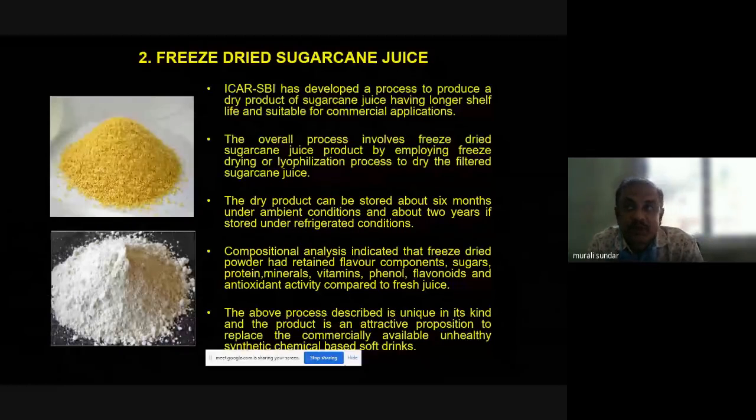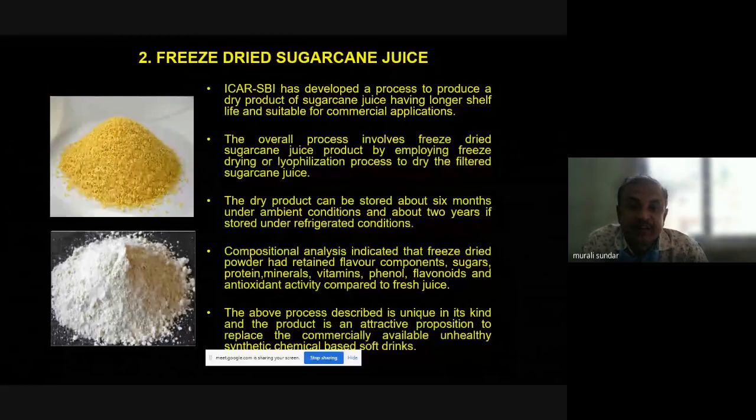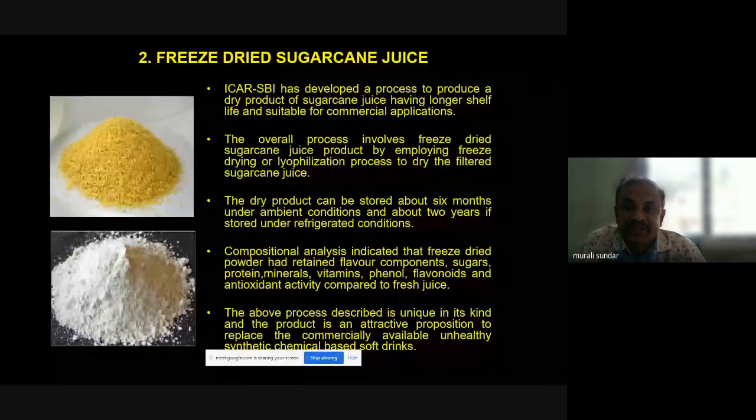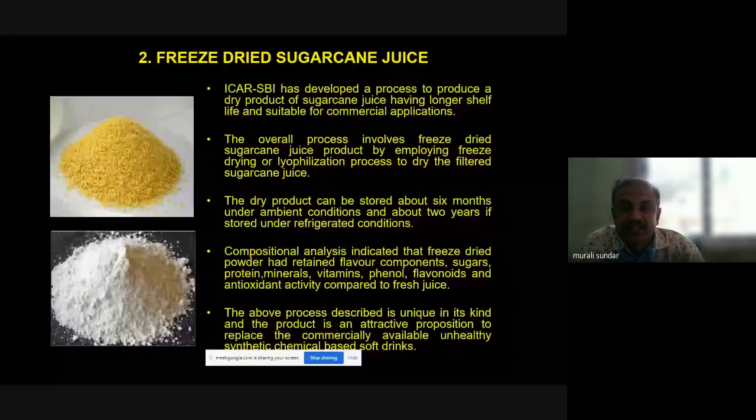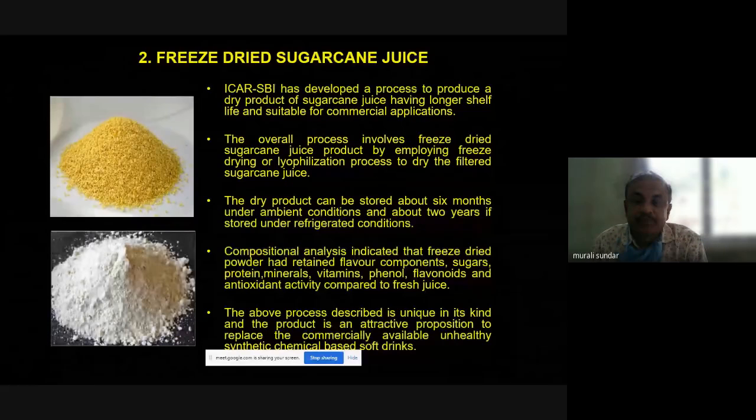So realizing that potential, we have developed a process to produce a dry product of sugarcane juice having longer shelf life and suitable for commercial applications. The overall process involves employing freeze drying, or lyophilization, to dry the filtered sugarcane juice.